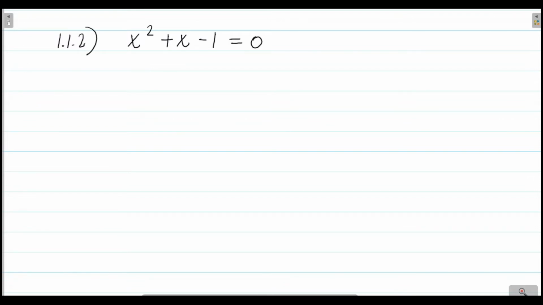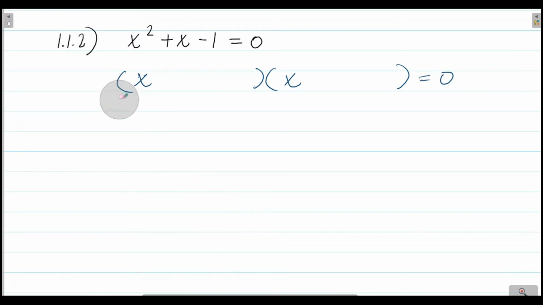You cannot just use the process of inspection where you put 2 brackets equal to 0, and put an x and an x there, and since it's a negative there, it's going to be a plus and a minus, and because it's a 1 there, you look for the factors of 1 that if you add or subtract them will give you the answer. You will not get to your answer. You will struggle tremendously to solve for x using this method.